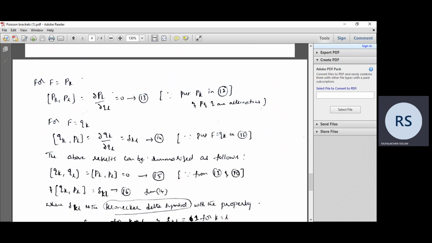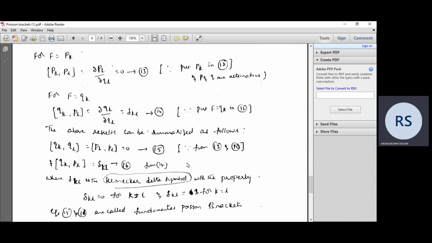So the above results can be summarized as follows. Already we have shown these results. {qk, ql} equals {pk, pl} equals 0, and {qk, pl} equals delta kl.